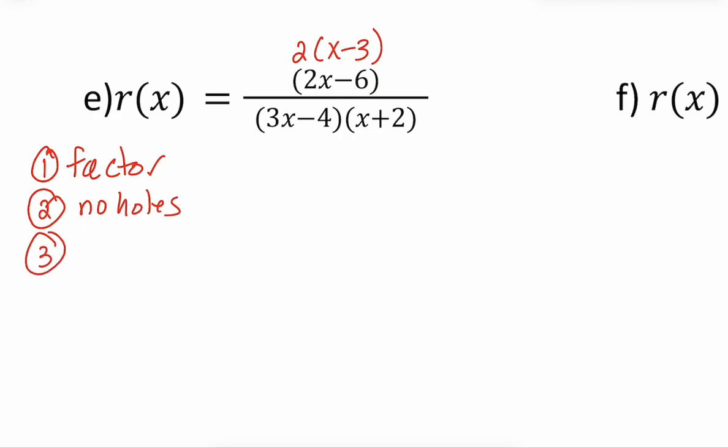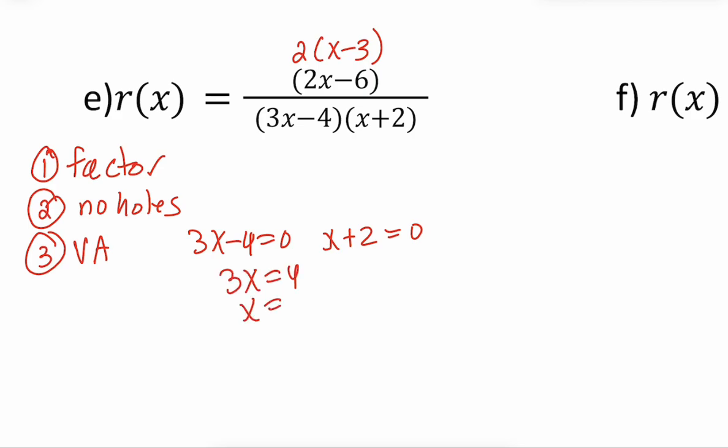But we're going to have some vertical asymptotes at 3x minus 4 and x plus 2. So make sure to set those remaining factors equal to 0 and solve for x. So 3x equals 4, so x is 4/3, and x is negative 2.